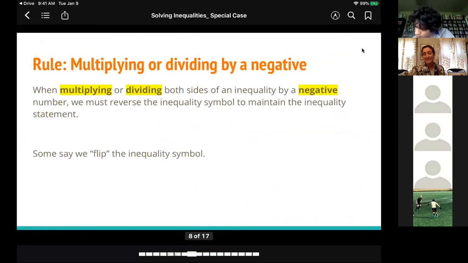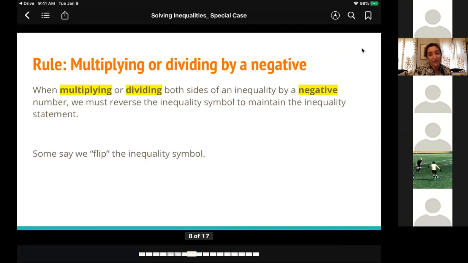So that is the last step you have to do when you do these inequality problems. Some people say you flip the inequality at the end. So when you multiply or divide both sides of an inequality by a negative, you have to reverse the inequality symbol to still have a true statement.